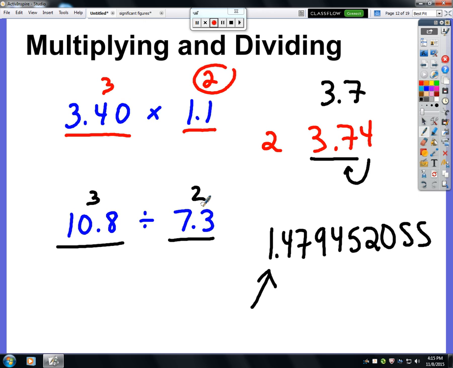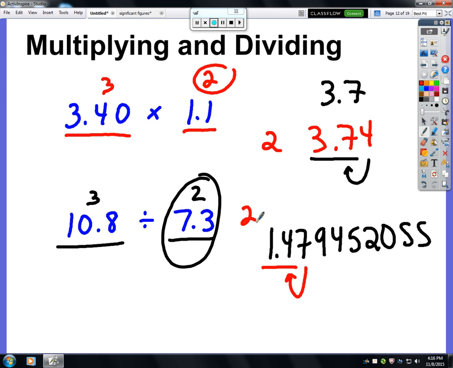So I am limited in my answer to two significant figures. How many significant figures are here? There's a 1 and a 4. There's 1.4, that's two significant figures. What does the 7 do to it? Now it rounds it, doesn't it? So my two significant figures makes my answer 1.5.